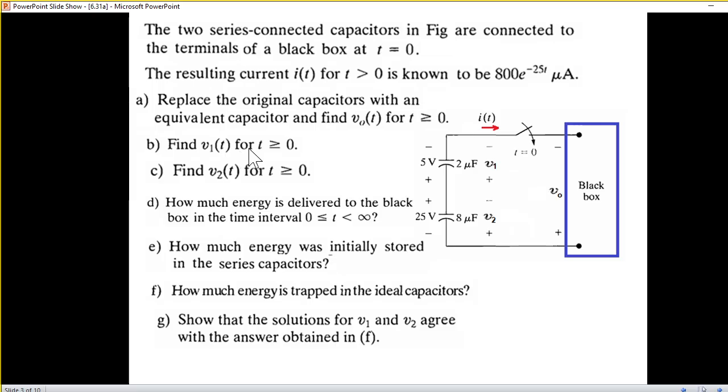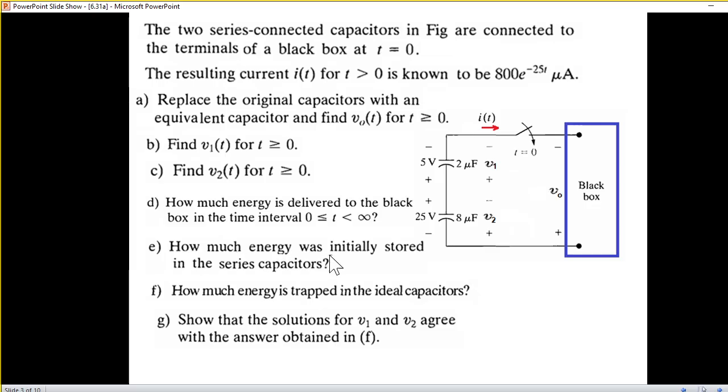When it says t, that means t greater than or equal to 0. Then, how much energy is delivered to the black box? That is the energy consumed by the black box, or delivered from the capacitor to the black box, over this time interval.